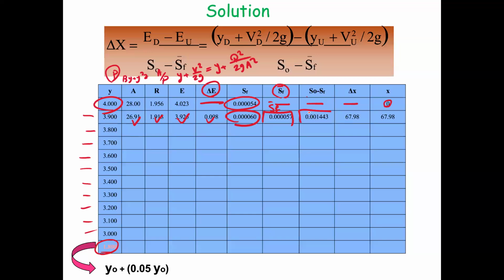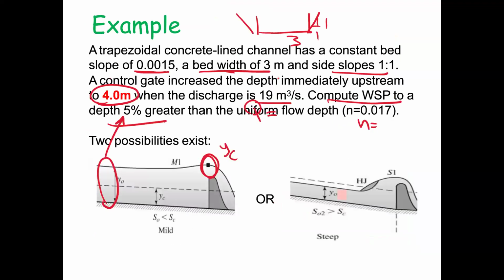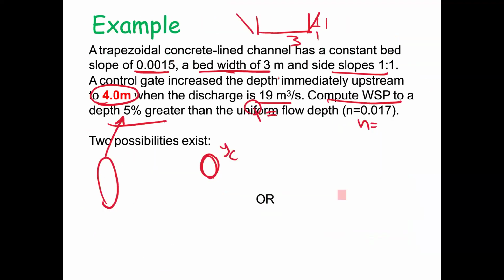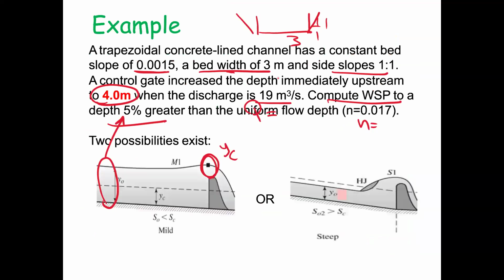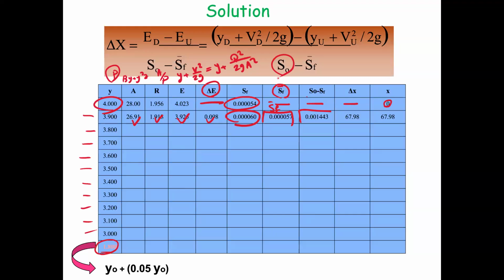And for this one, use S0. What was your S0? 0.0015. So for this one, you just need to do 0.0015 minus the average. When you do that, for delta x, use this equation and find this one.